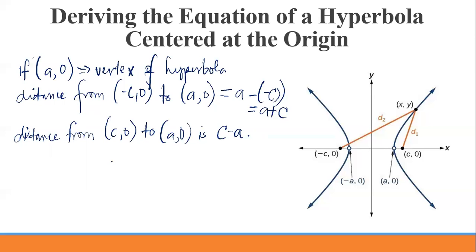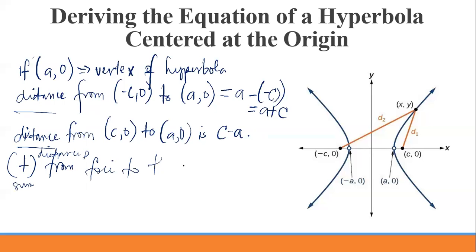So the difference of the distances from the foci to the vertex is (a plus c) minus (c minus a), which is equal to 2a.